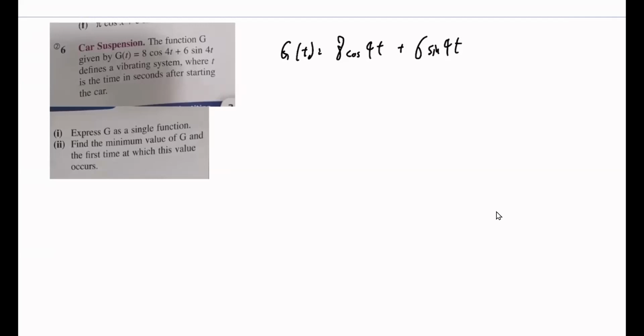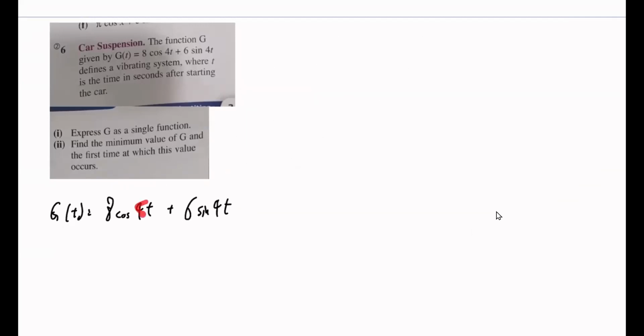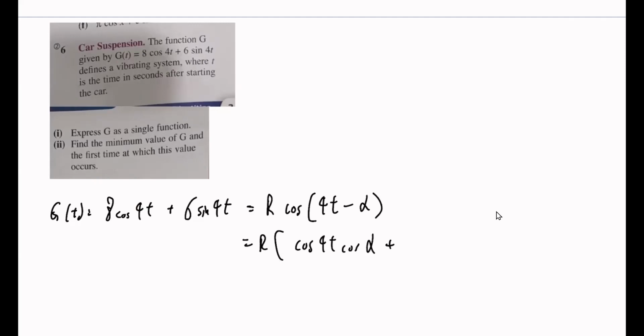Take note that over here the angle that is common is 4t, so we need to make sure we always use 4t. Then as a result, you just multiply in and you end up with r cos alpha cos 4t plus r sine alpha sine 4t.